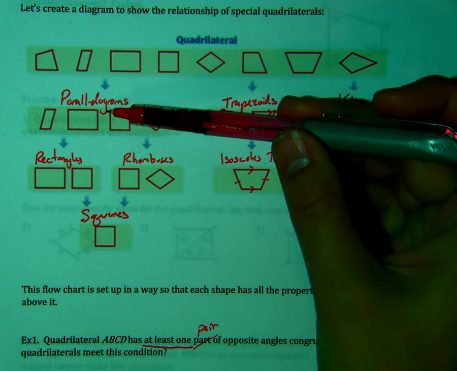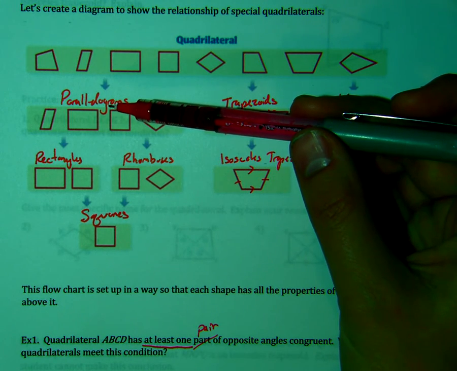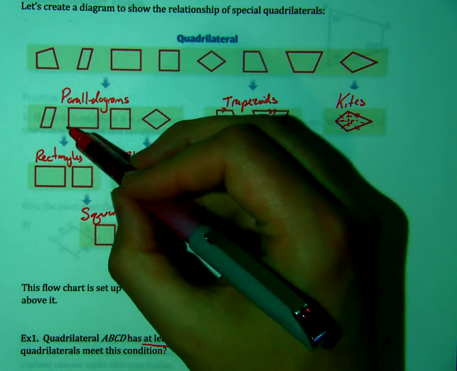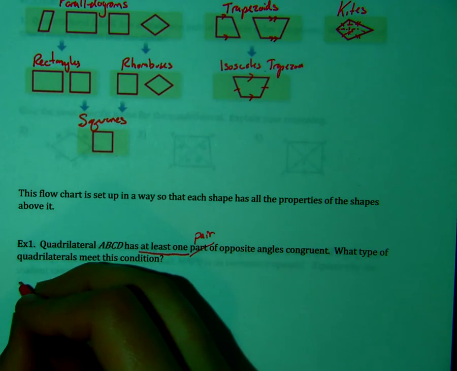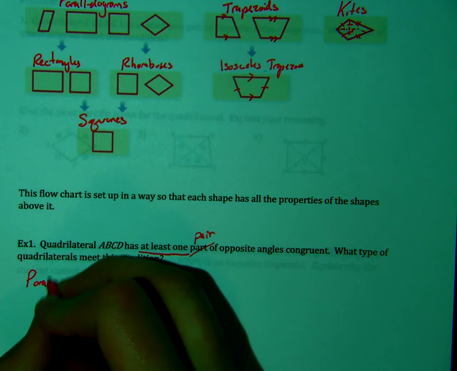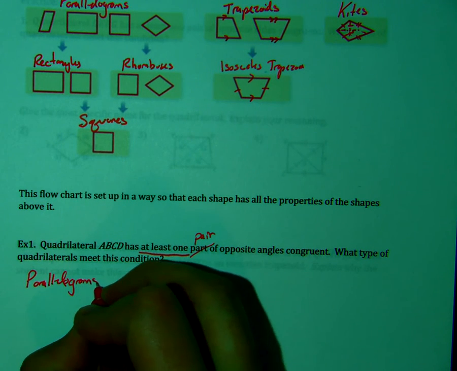So we start with parallelograms. Okay, do parallelograms have at least one pair of opposite angles congruent? And they do. The opposite angles in parallelograms are congruent. So one of our possibilities is parallelograms. Okay.